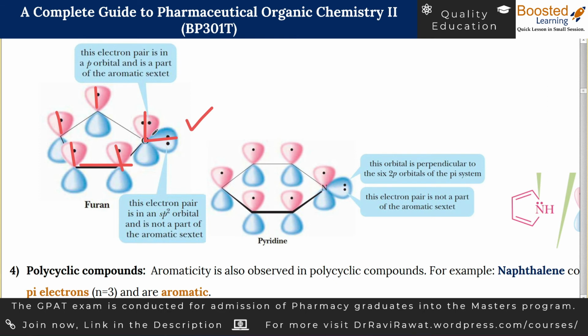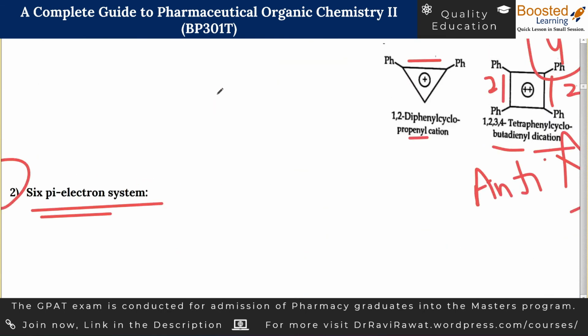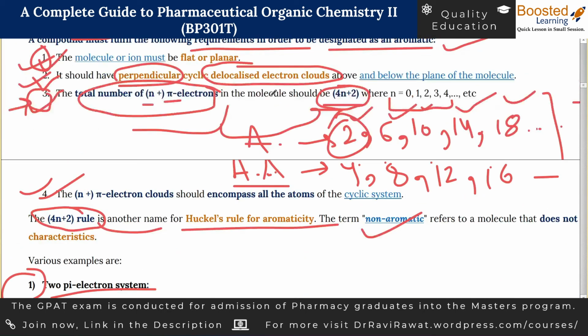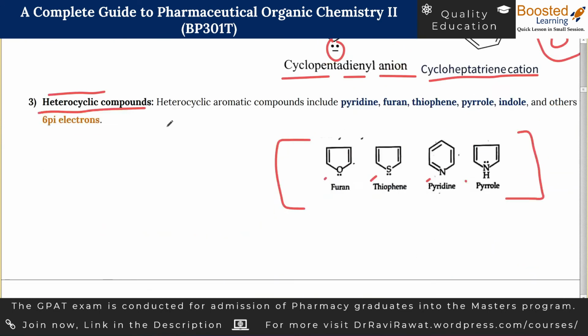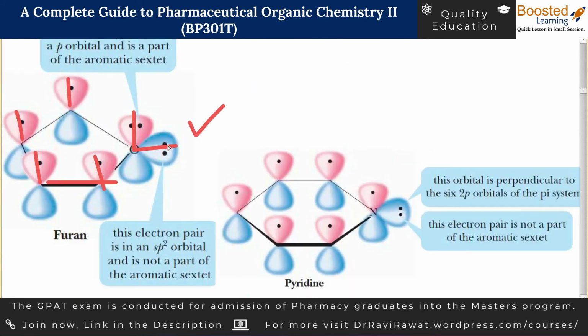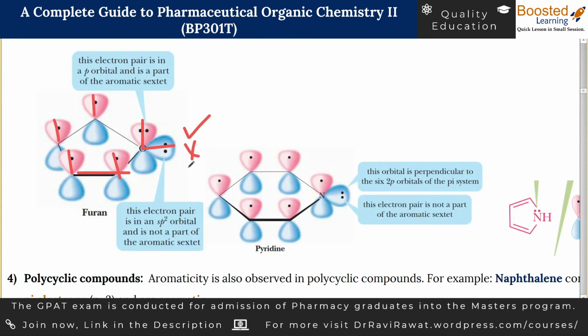As we have seen in Huckel's criteria, the orbitals should be perpendicular to the ring itself. Recall criteria number 2. So in this case, this lone pair won't be participating in delocalization, only this lone pair would be participating. If you do the electron count, the answer will come out to be 6. So this molecule is also aromatic.